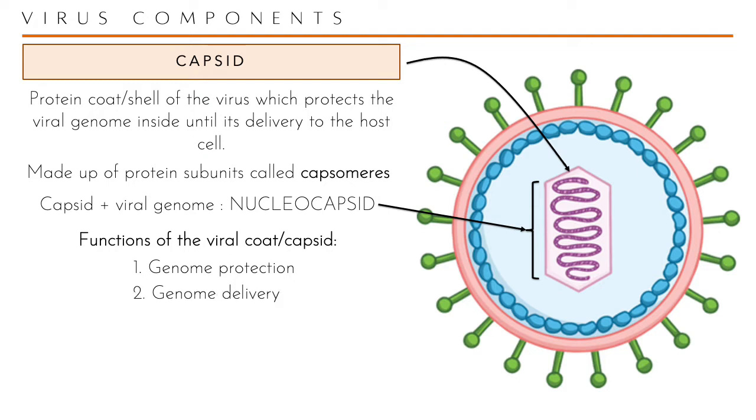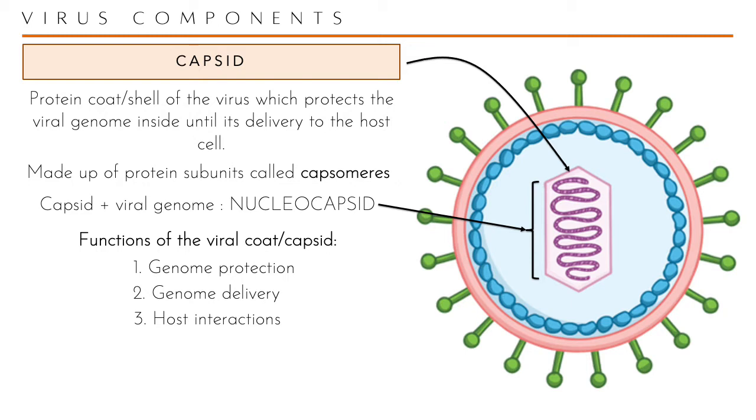It makes sure that the genome is delivered to the site of replication, and it also serves various interactions with the different parts of the cell, starting with the cell membrane, with the transport network inside a cell, before replication and when the virus is assembled to be released from the cell.